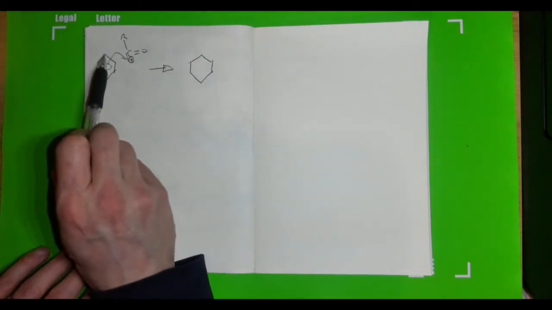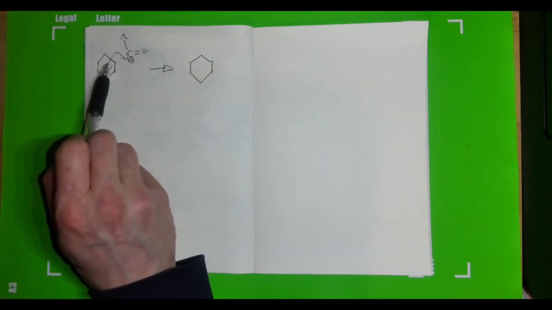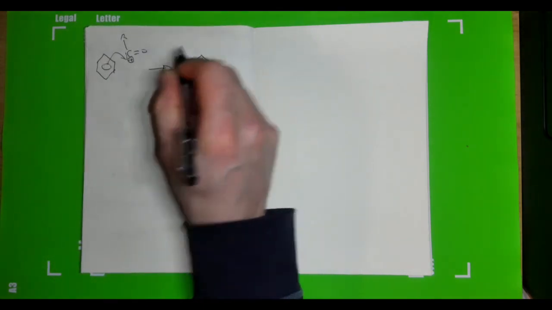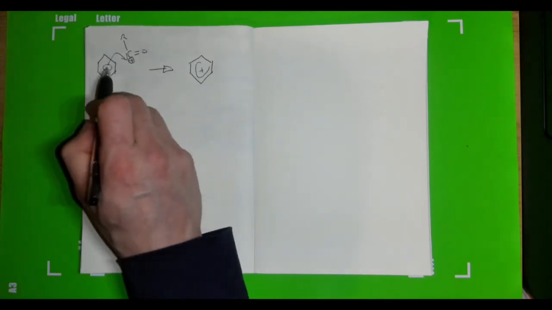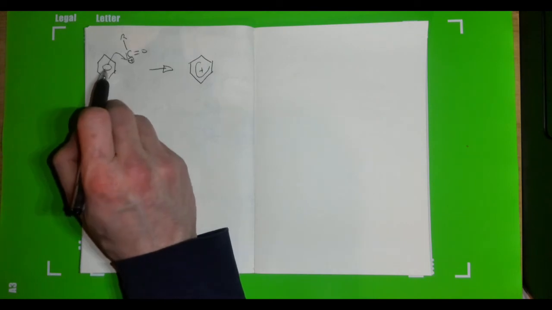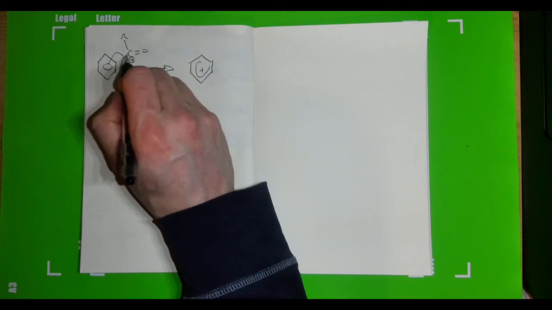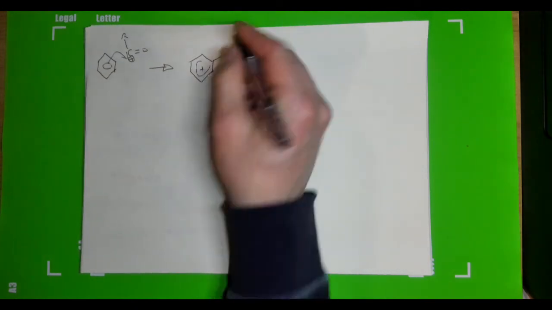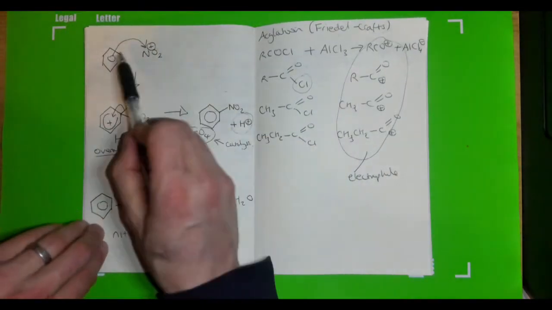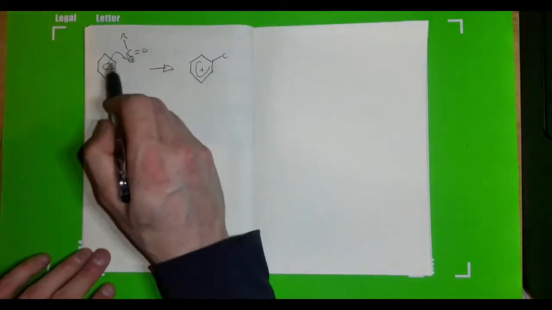Because I've disturbed this delocalized ring system here between that carbon and that carbon there, then I draw a break in the circle here. And I put a positive charge there because I've taken electron density away from the arene in the middle there. And I formed a new bond between that carbon there and that carbon. So this time I formed a carbon-carbon bond. Previously, I'd formed a carbon-nitrogen bond. So I have a carbon-carbon bond formed.